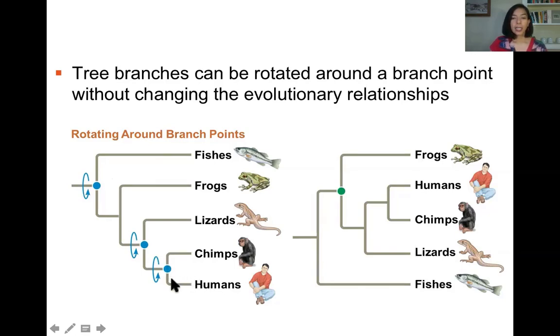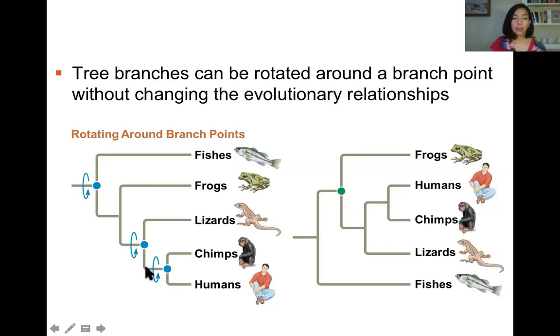However, if we rotate this point right here and flip the humans and chimps, and we only look at these relations, humans and chimps are still the sister group in this phylogeny, but they have been rotated. Now humans are at the top and chimps at the bottom.